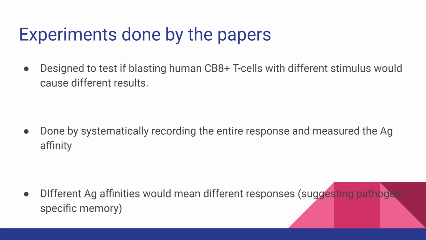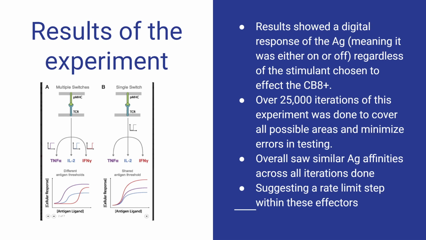The idea was that if we measured a higher AG affinity, that would mean the AG was saying, "We need more T cells," and if we saw lower AG affinity, it would mean, "We don't need as many, this isn't that dangerous." That's what they were looking for in support of the previous understanding of how we thought this worked.